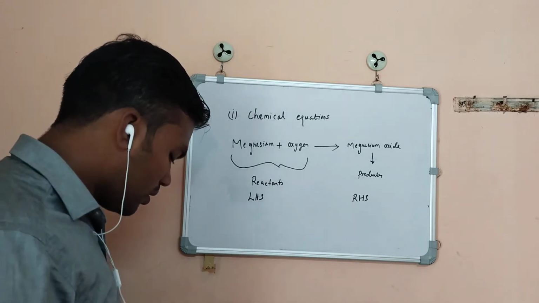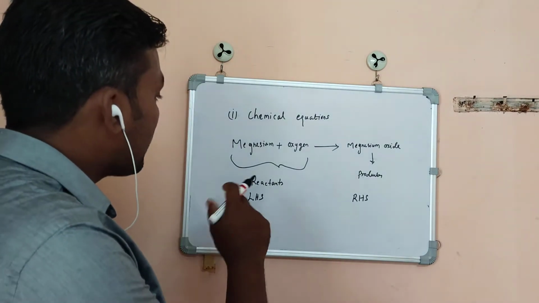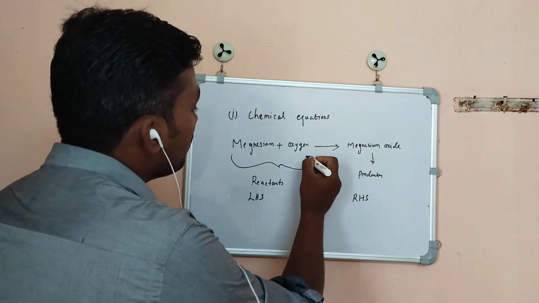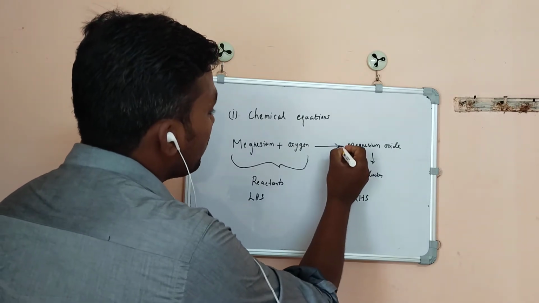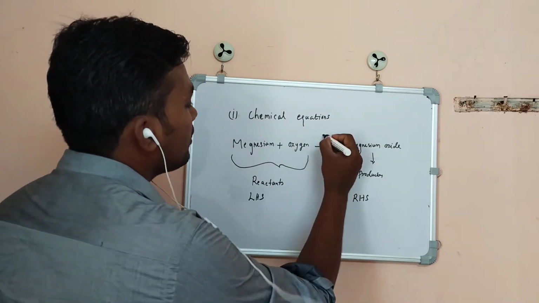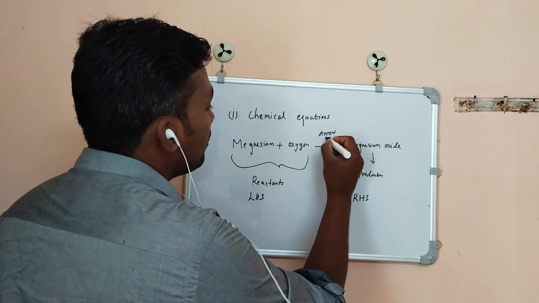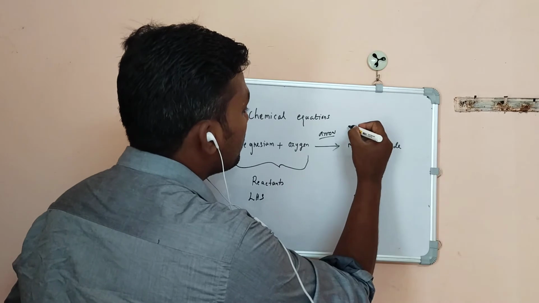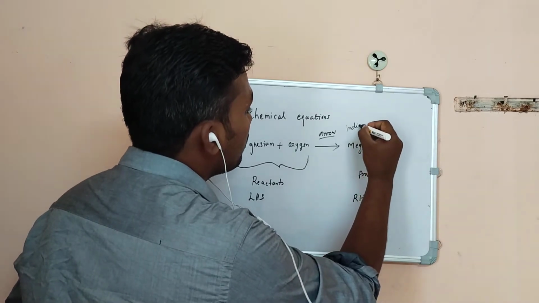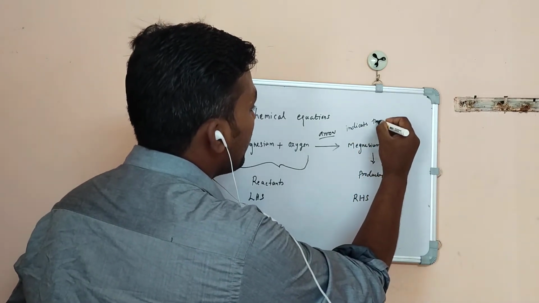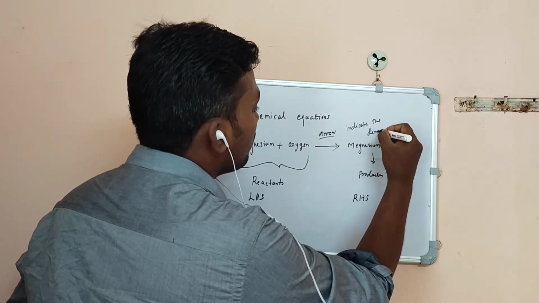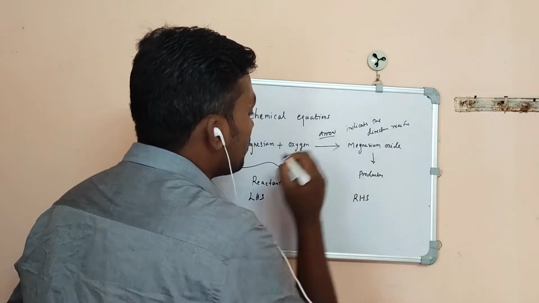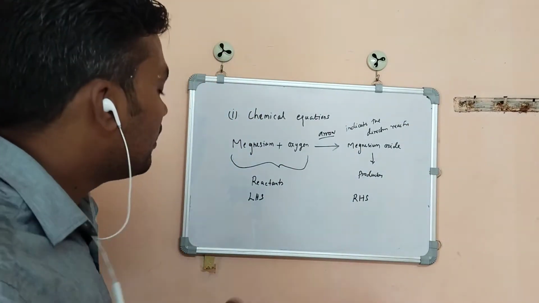The change of the reactants to products is shown with an arrow mark. This arrow mark indicates the direction of the reaction.